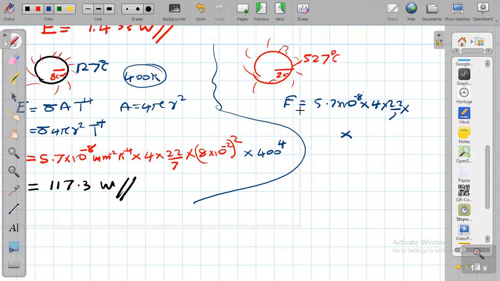What is the radius? 2 centimeters, 2 into 10 to the power minus 2 and power 2. And the temperature is now a big value. It is 800, 800 power 4. I will tell you an easy way to get this.